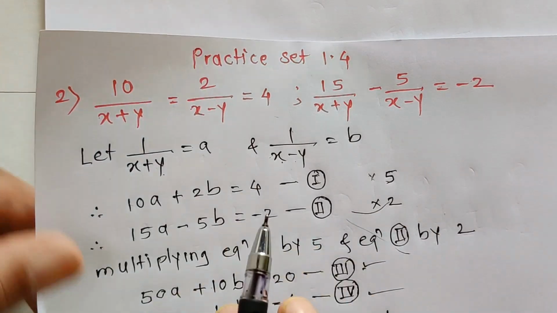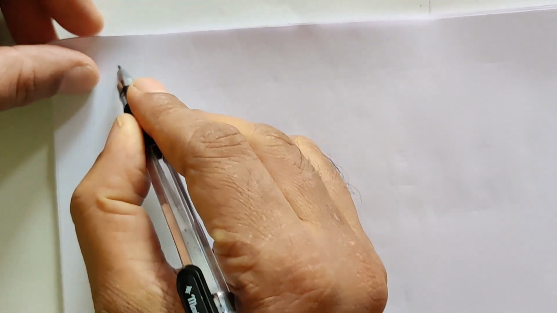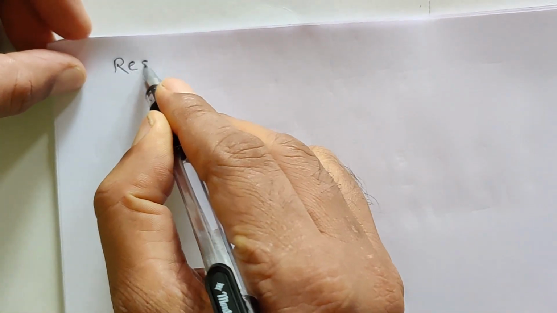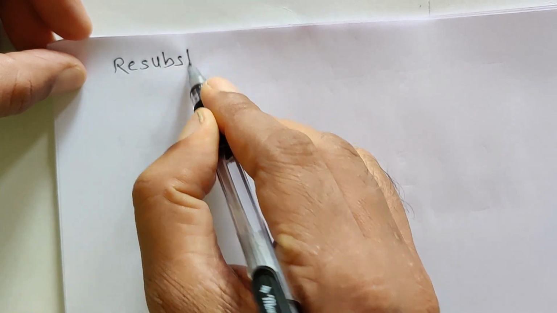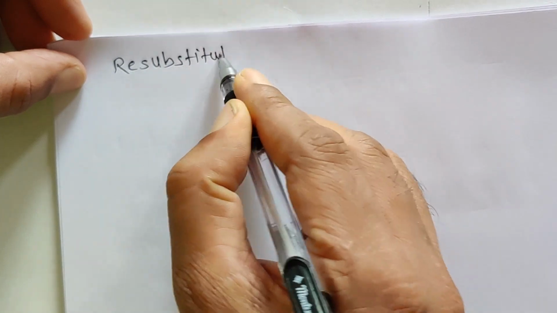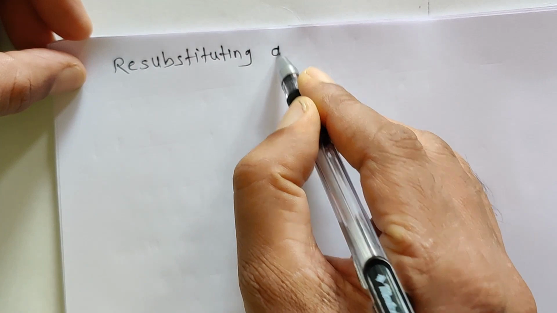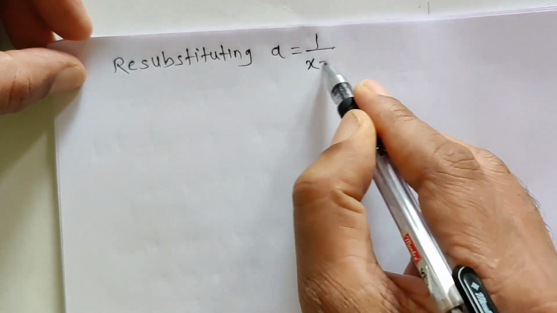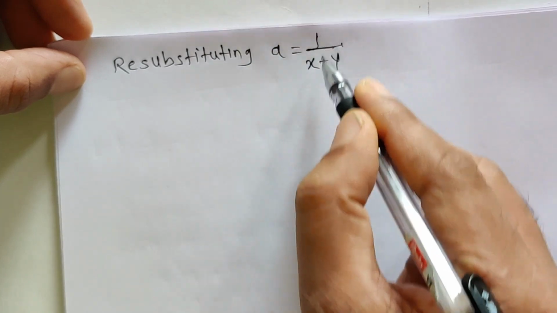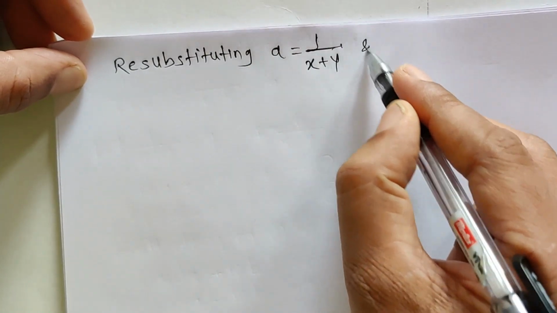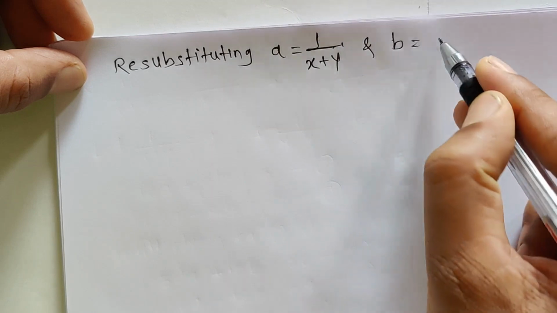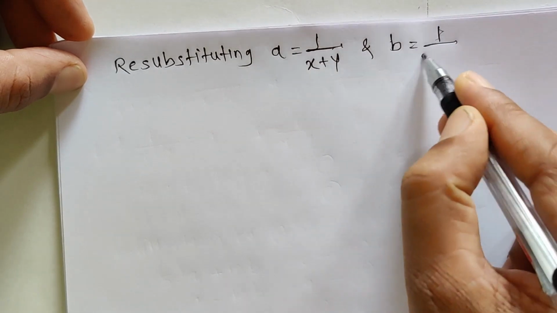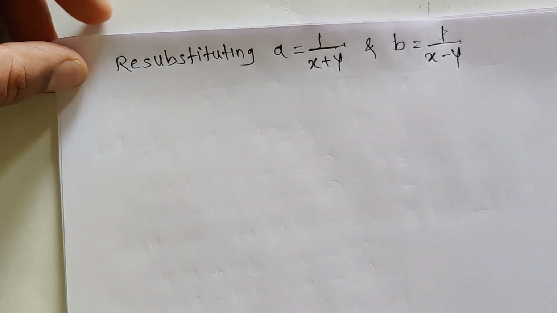Now let us resubstitute the values of a and b. So resubstituting, a is equal to 1 upon x plus y, because we have taken 1 upon x plus y is equal to a, and here b is equal to 1 upon x minus y.